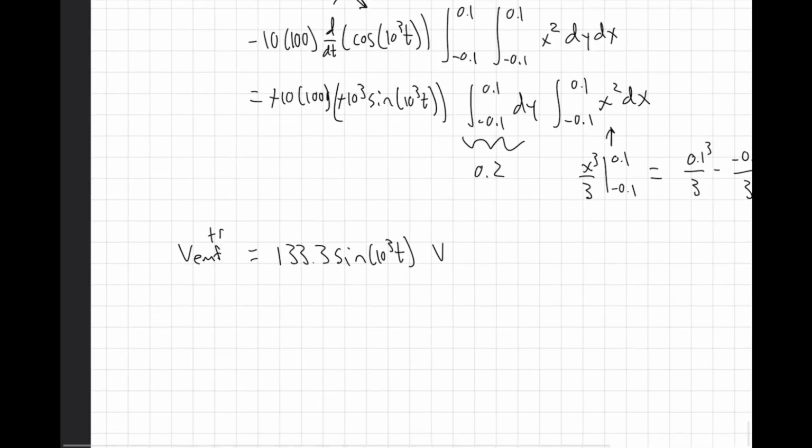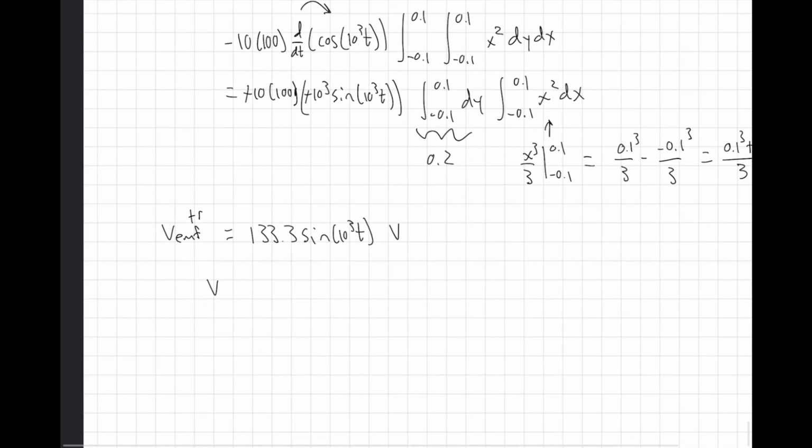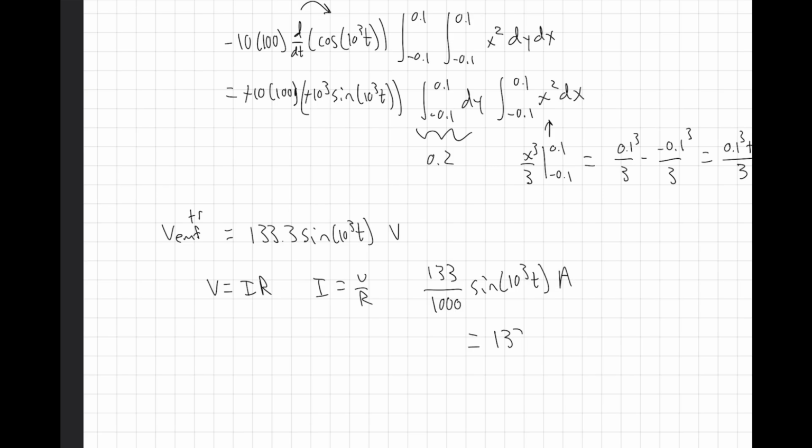So now let's find the current. To find current, use Ohm's law. V is equal to I times R, so I equals V over R. Since our resistor is 1,000 ohms, we get 133 divided by 1,000 sine of 10 cubed t amps, which is the same thing as 133 sine of 10 cubed t milliamps.